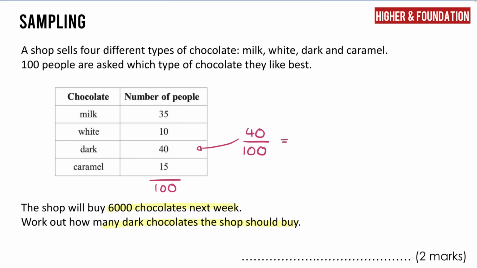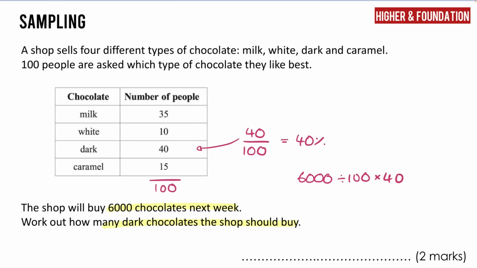Now that equates to 40%. So what I could do is I could take my 6,000 and I can either work out 40% if you prefer to do percentages, or I can work out the fraction of the amount. Now the fraction might not always be a nice percentage, as this was out of 100 is a nice percentage, but I can work it out as a fraction regardless, so up to you. I can either do 6,000 and then divide that by 100 and times it by 40, and I can just do that on the calculator.